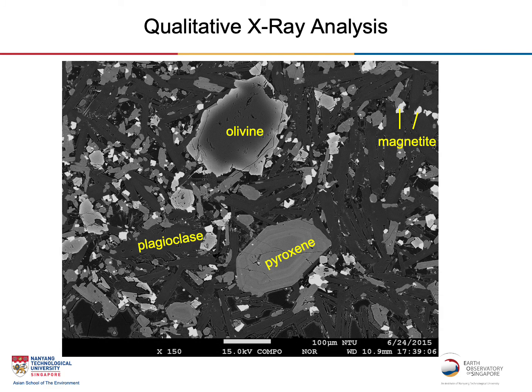Now let's look at what the EDS is good for. One of them is the quick survey of the sample, what they call qualitative X-ray analysis. In this example, we have a thin section that contains different minerals: magnetite, olivine, pyroxene, and plagioclase. How do we know which mineral is which?